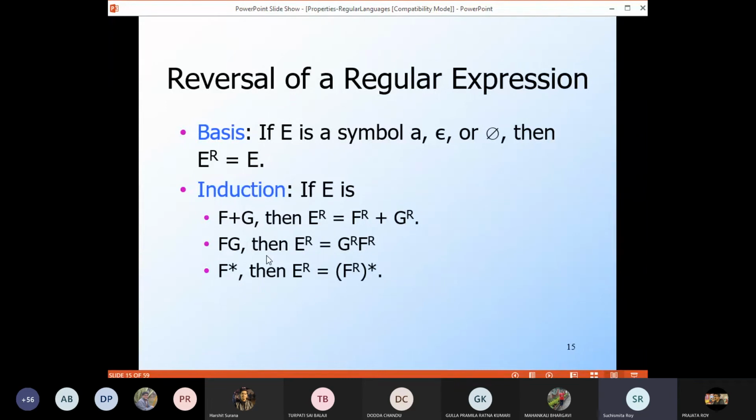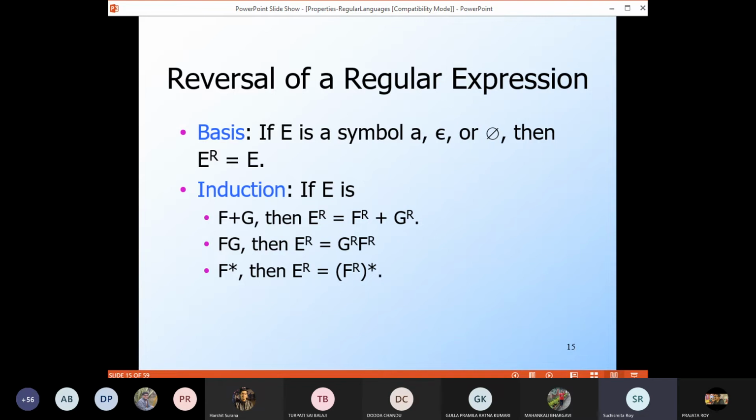Similarly, for the concatenation operation, you can push the reversal inside, but note that here the order is also reversed. So you first reverse g, also reverse f, then you look at g reversed dot f reversed. That is going to be the expression for the reversed regular expression.